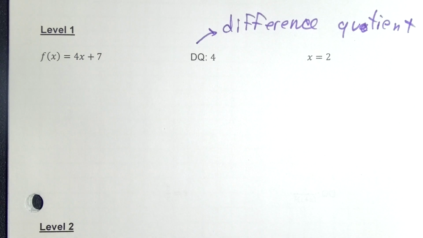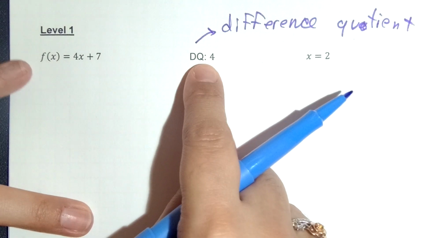So let's follow the steps. What is the first step? Can somebody read the first step on your notes? Nobody wants to read it? Okay, fine. We need to substitute an A into the equation. This is the slope. These are linear. This is going to be level 1.